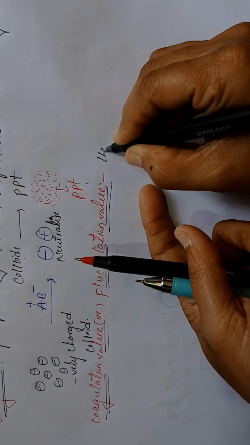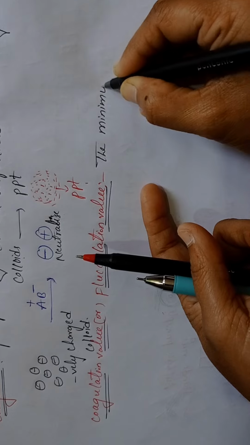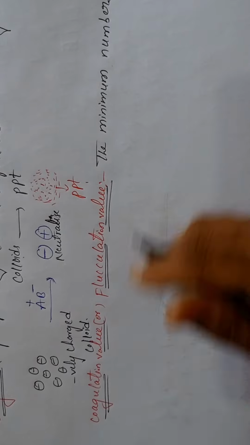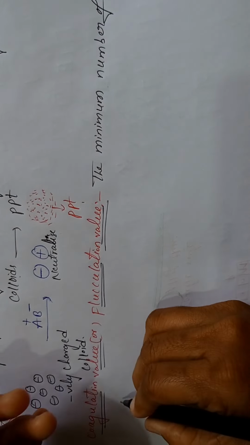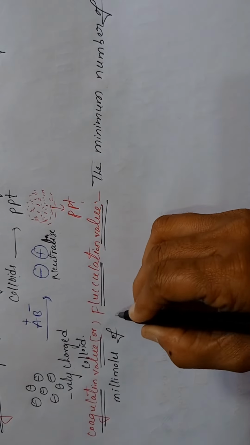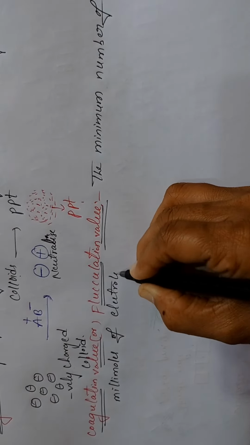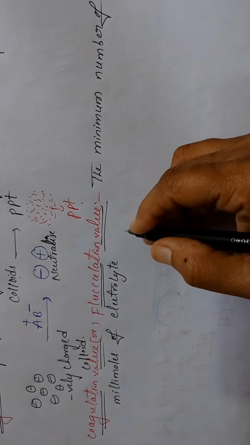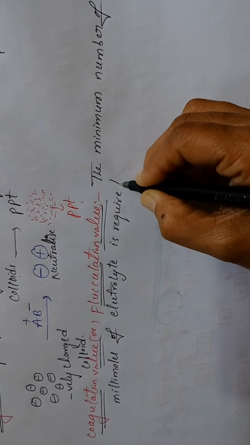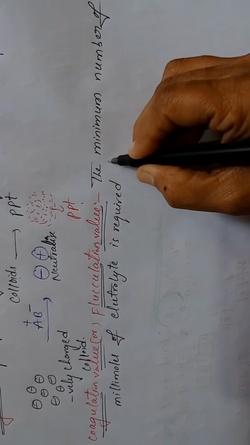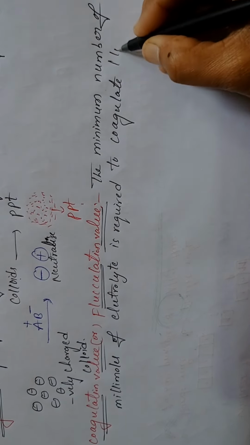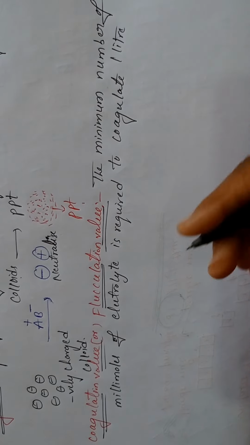The minimum number of millimoles of electrolyte required to coagulate 1 liter of the colloidal solution.